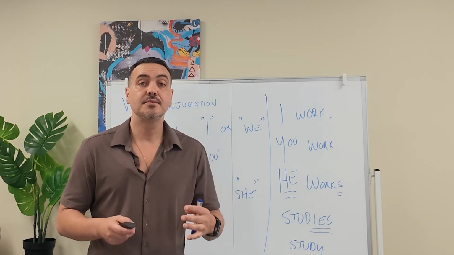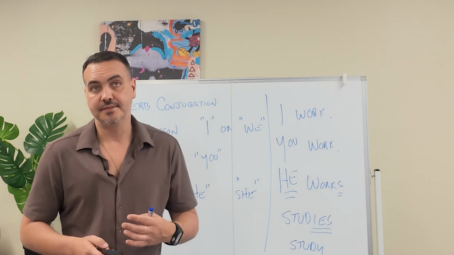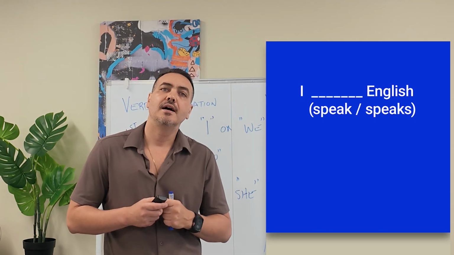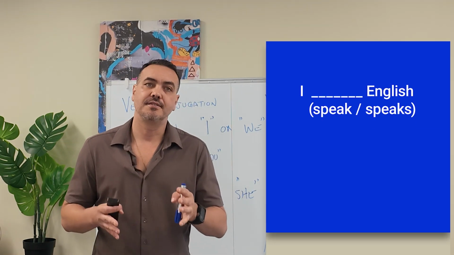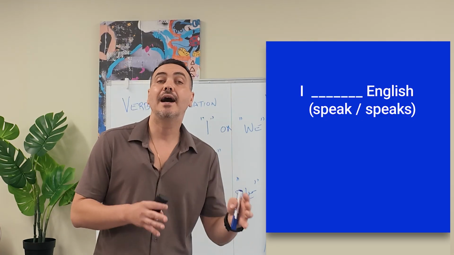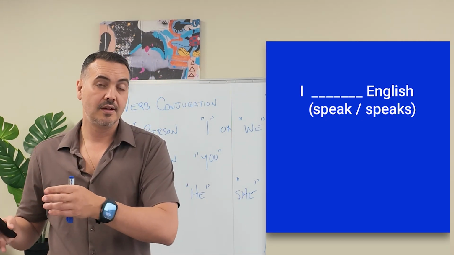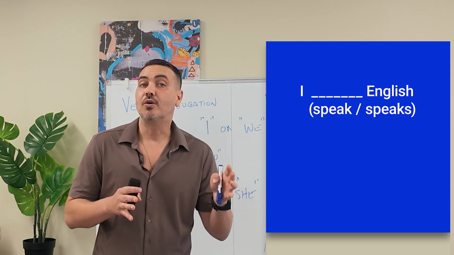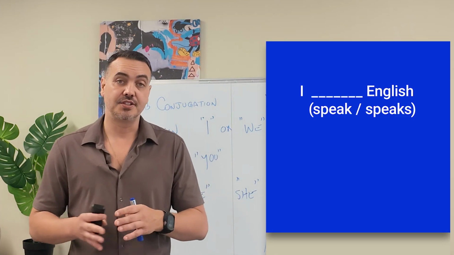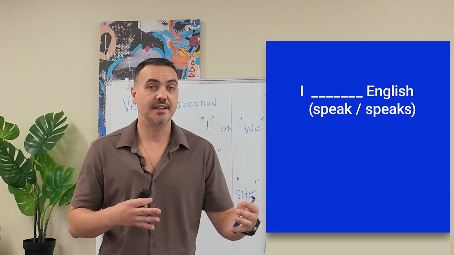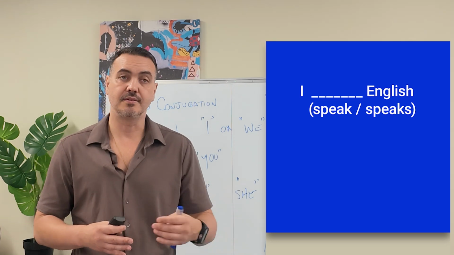Okay, so let's do some practice together, okay? I want you to choose the correct verb. I, English. Would you say I speak or I speaks English? Now I'm speaking in the first person, okay?